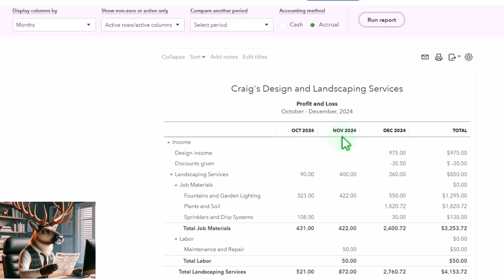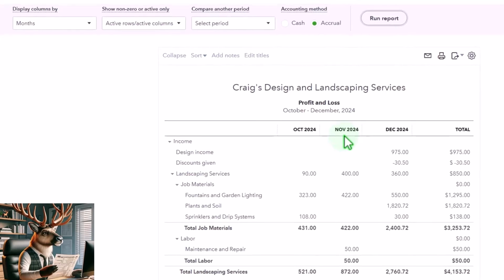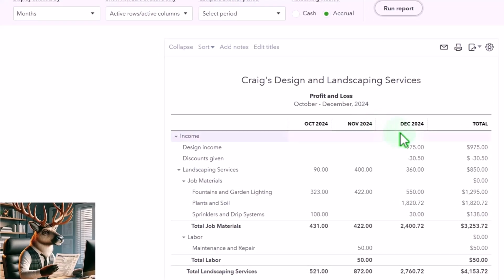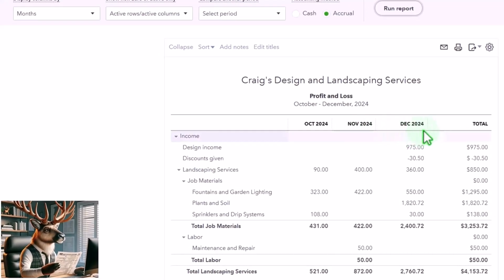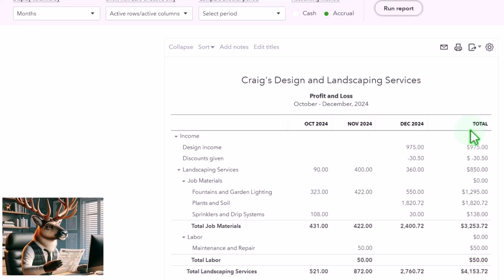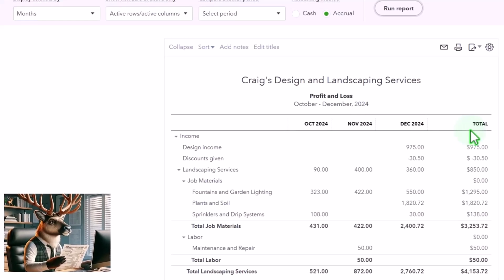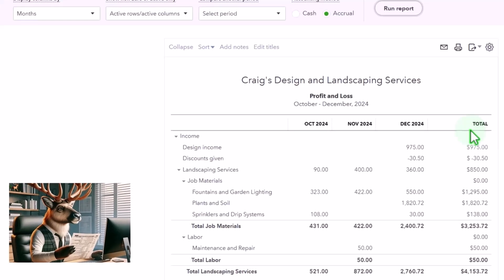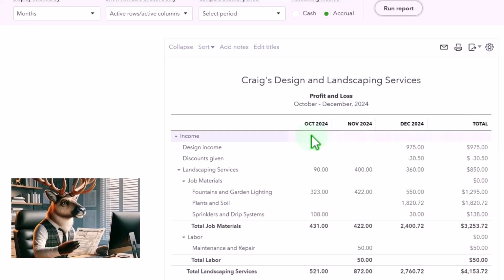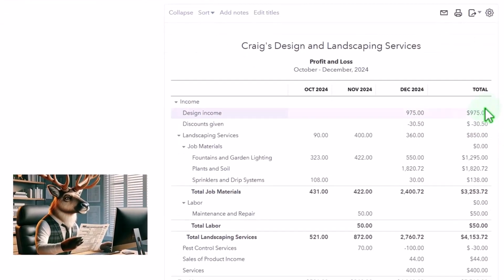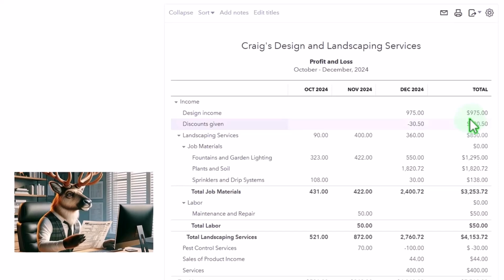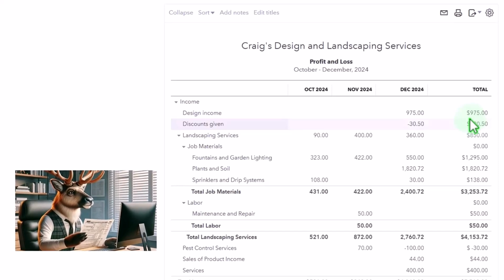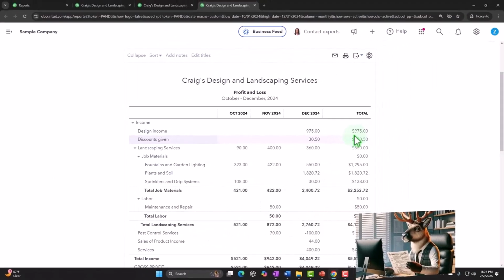This is going from the 1st of November to the 30th of November, the 1st of December through the 30th of December. And then it makes sense to add the total column, because why not? Because we should also then measure the full quarter. The full quarter would be October 1st through December 31st, which gives me the totals on the right-hand side. So the performance reports, therefore, are formatted a little bit differently in that way.